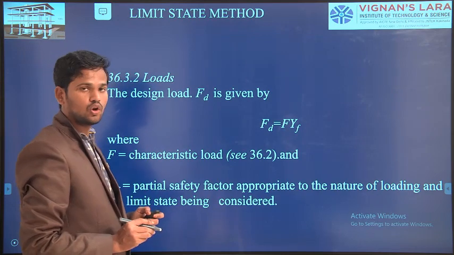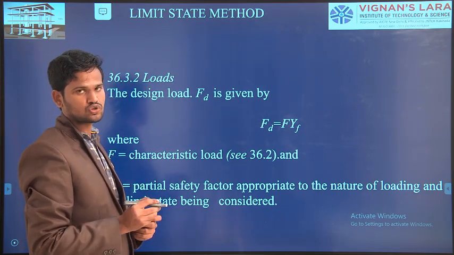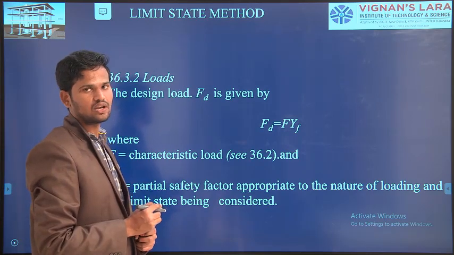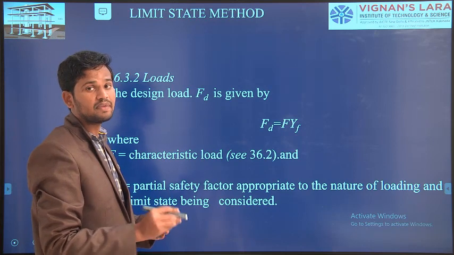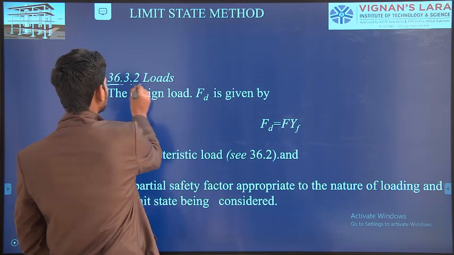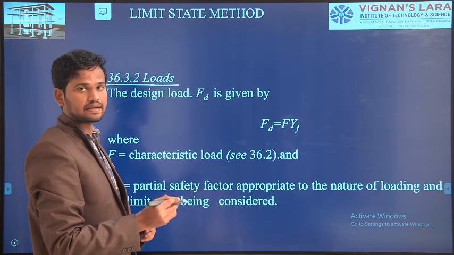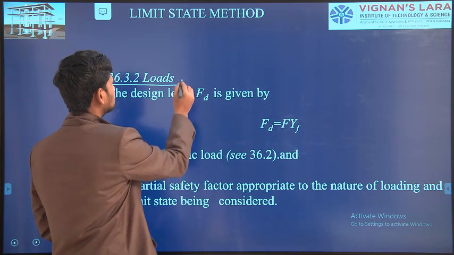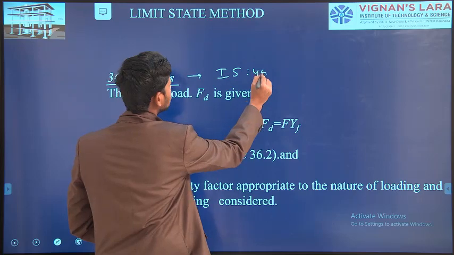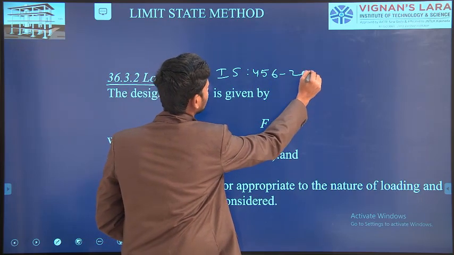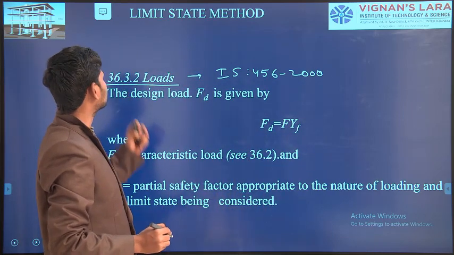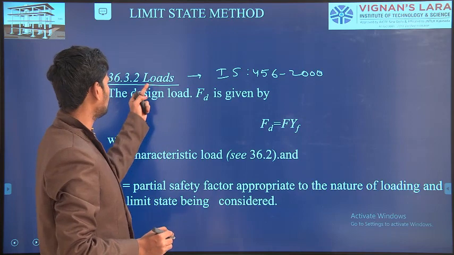Next we have the loads. We have discussed the characteristic loads. Now we will discuss the design load. What is meant by design load? How the loads are taken based on different types of loading conditions, we have already discussed. Now, according to IS 456 2000, Code of Practice for Plain and Reinforced Concrete, I am taking it from Clause number 36.3, Design Load.